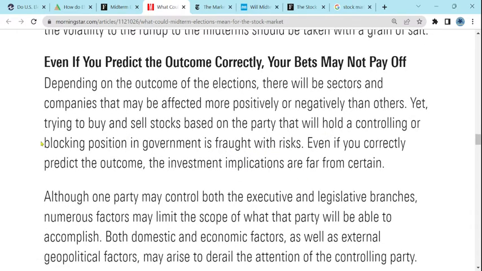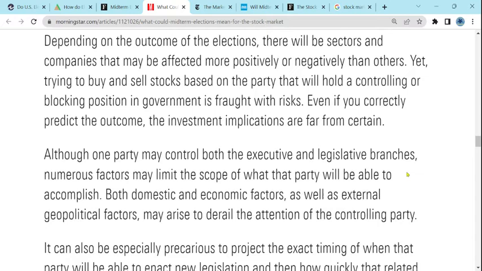So they don't recommend trying; holding a controlling or blocking position in government is fraught with risks. So they're saying don't buy or sell stocks based on the party that will hold a controlling or blocking position in government. Even if you correctly predict the outcome, the investment implications are far from certain.